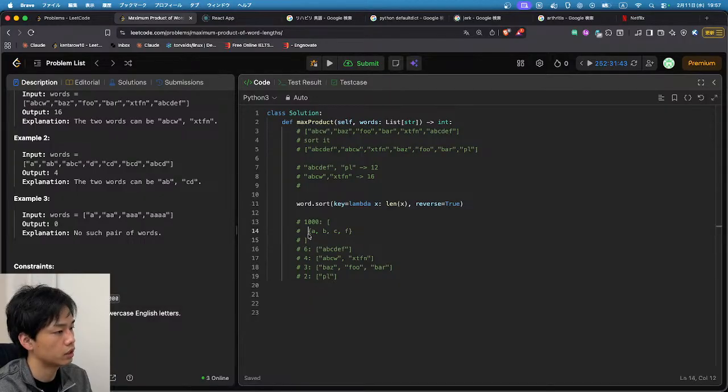Thanks to this, we can reduce the computation for checking, because there are only 26 kinds at the most. So in this case, we just loop over A, B, C, F, and we have to look at this one.